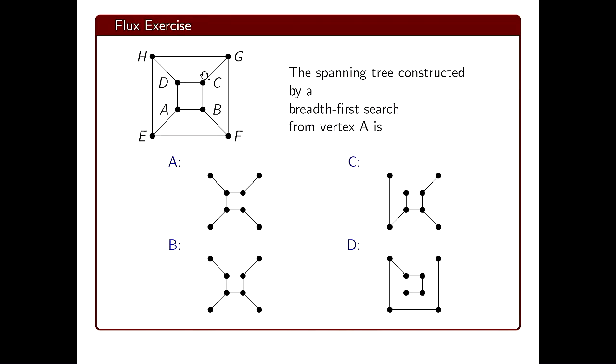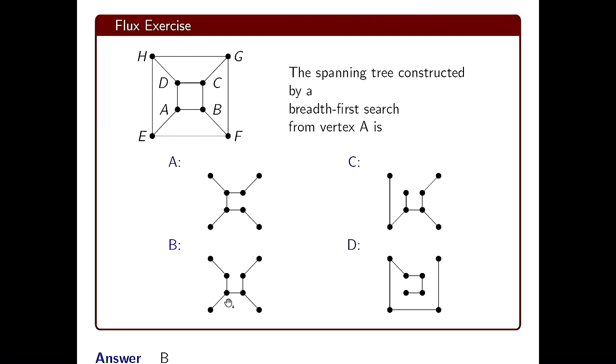The next thing in my queue was C, and I'll get G from there. Does that make some sense? So I think in the end you get this from A, you get this and this from B, you get this from D, and eventually this from C. So I think you wind up with this tree here.